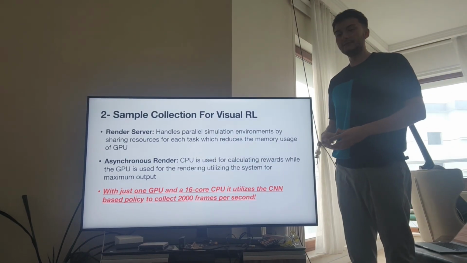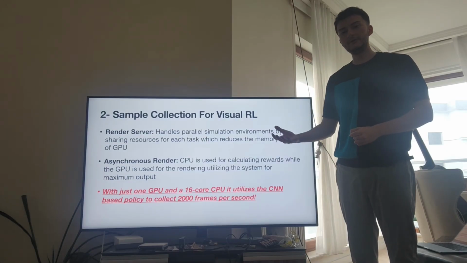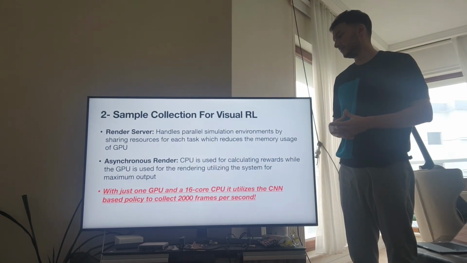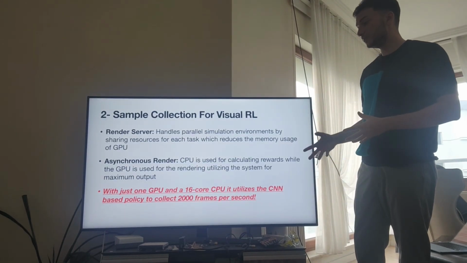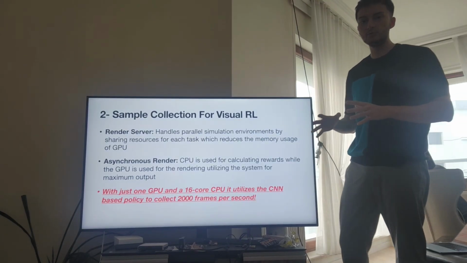What asynchronous rendering does is make the CPU work on one task and the GPU on a different task, to handle large-scale rendering separately and utilize the hardware to the maximum. With just one GPU and a 16-core CPU, it utilizes a CNN-based policy to collect 2,000 frames per second. Isn't that amazing?